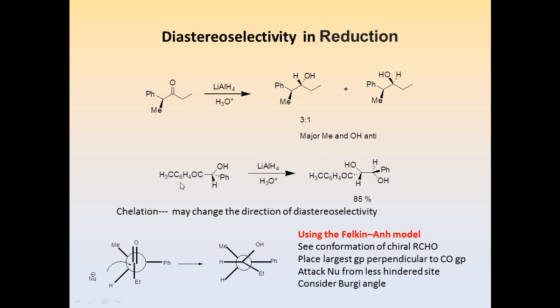Here is the other chiral center; chelation can also alter the diastereoselectivity. Please read this Felkin-Anh model for different reactions, so you can understand how lithium aluminum hydride reduction is controlled in diastereoselectivity. Please read the Felkin-Anh model again and again to practice how to redraw the conformation and attack the nucleophile.